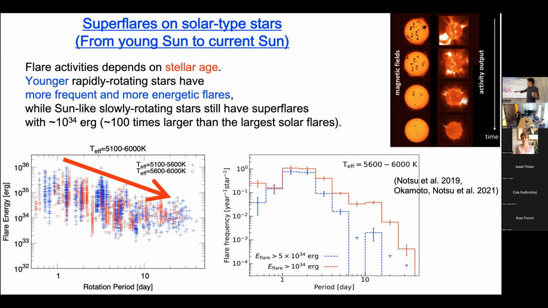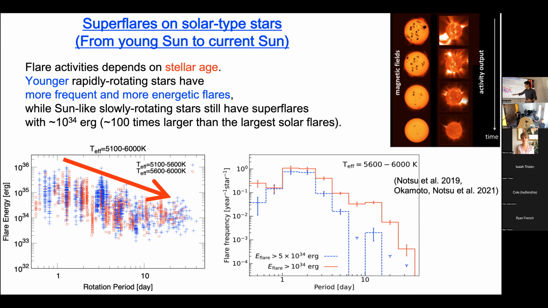The lower limit is affected by some observation bias, but please look at the upper limit. The upper limit of superflare energy still depends on rotation period. For a star similar to the sun, the sun possibly generates superflares up to 10^34 to 10^35 ergs.